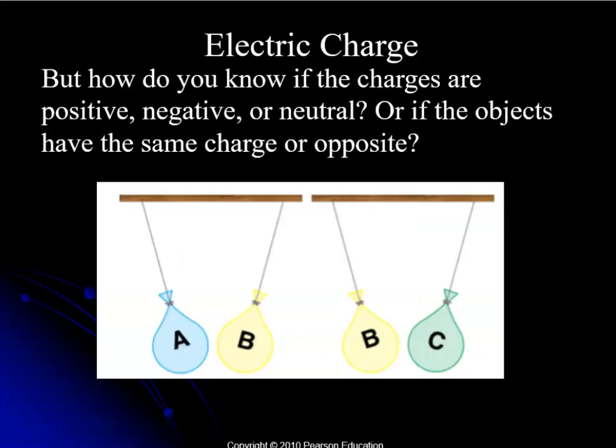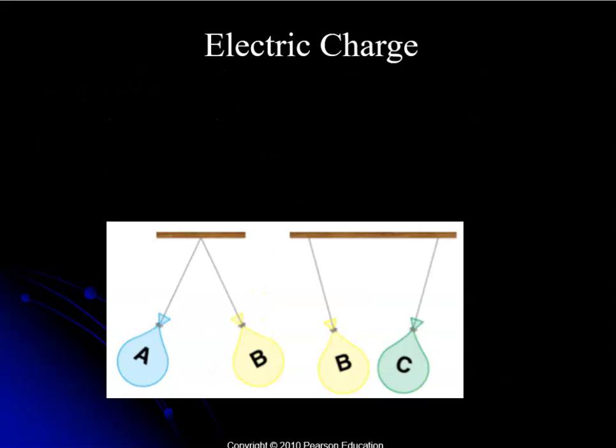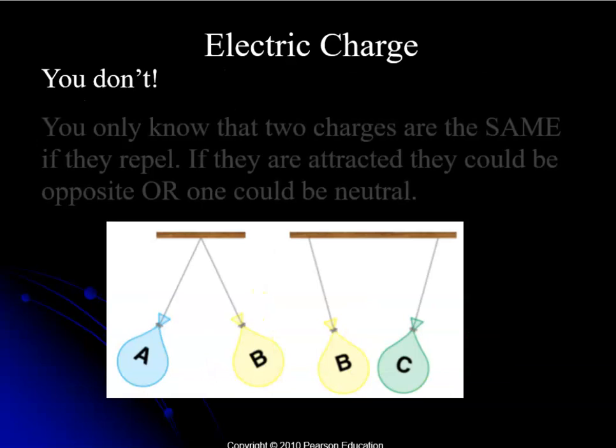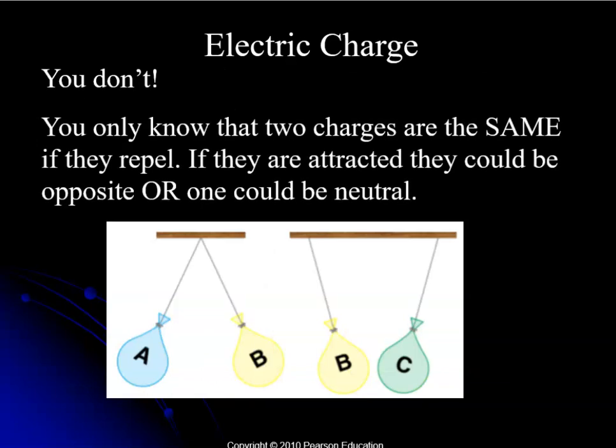So if we have things positive, negative, and neutral, and they're attracted, how do we know if they have the same charge or opposite charges because of that neutrality? Well, the truth is you don't. You only know that two charges are the same if they repel. If they are attracted, they could be opposite or one could be neutral.